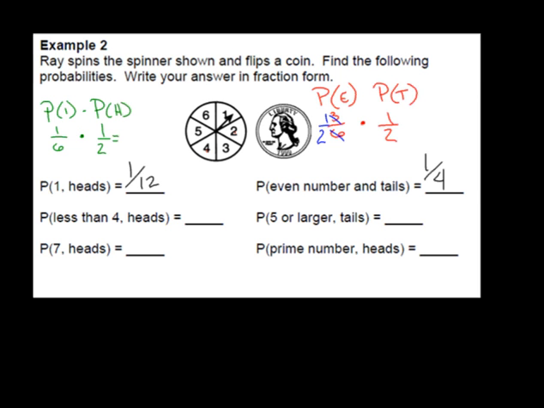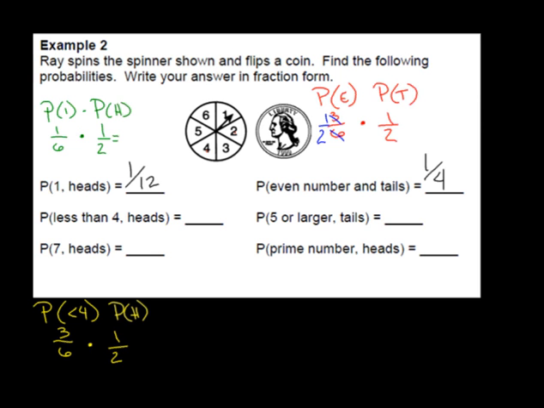My next one says the probability of getting a number less than 4 and landing on heads. The probability of getting a number less than 4 is, let's see, there's 1, 2, 3, 3 of them less than 4. So 3 out of 6 times the probability of landing on heads, still 1 out of 2.